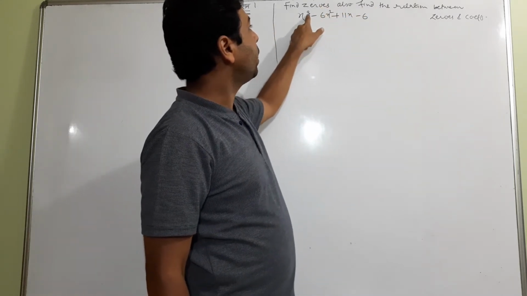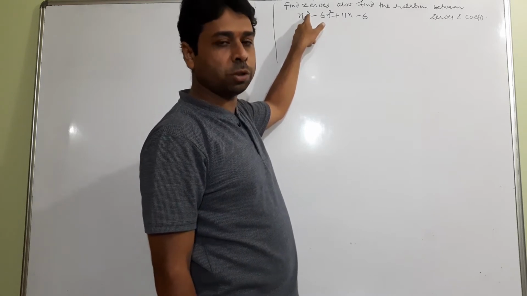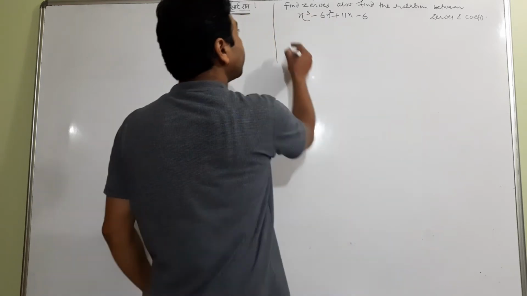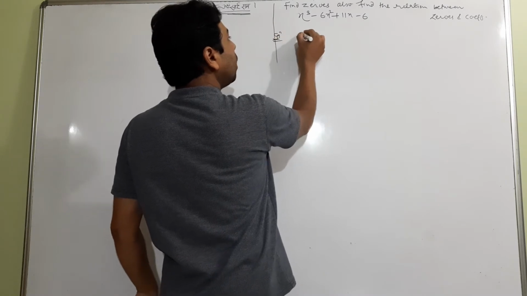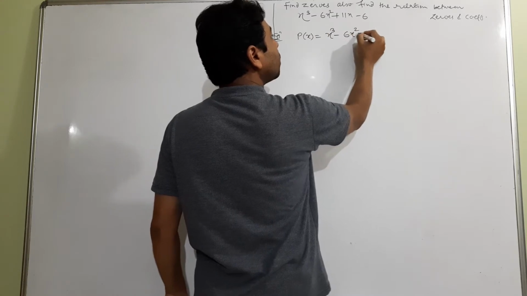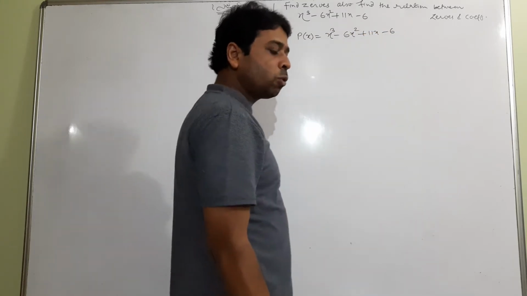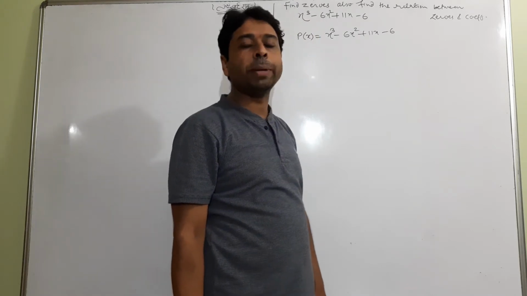It is x cube, meaning that it contains 3 zeros. And how will we find them? First of all, I'll give it the name p of x. It is not a quadratic polynomial, so we cannot use middle term splitting.